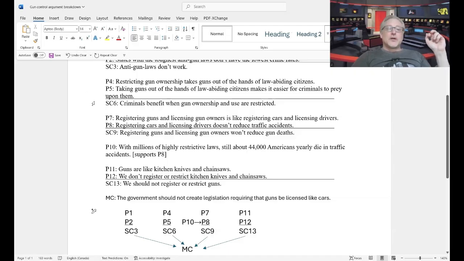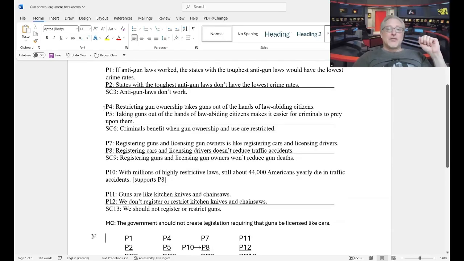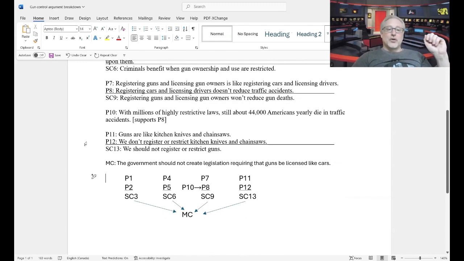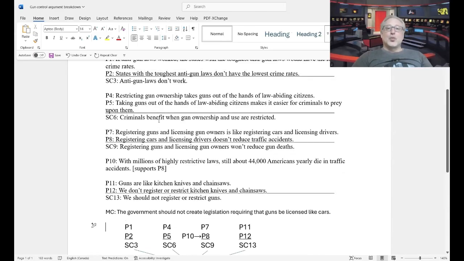And the next subordinate conclusion is criminals benefit when gun ownership and use are restricted. Well, that is a separate point. Likewise, if this subordinate argument here, P4, P5, and SC6, was all by itself and the others were not here, that would still work as an argument for the main conclusion.